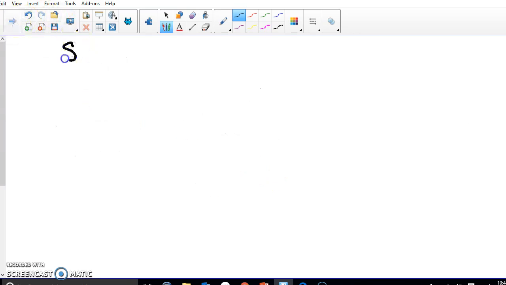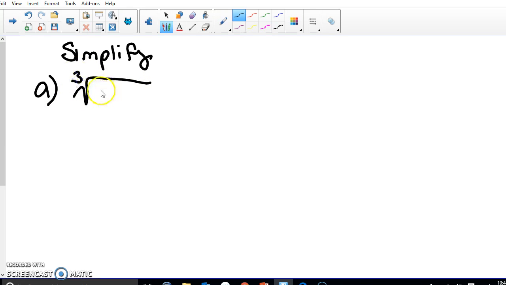For our next example, we're going to simplify. So here I just have 1 to do. I have the third root of negative 27x to the 9. So this 3 here, our cube root, we need 3 on the inside to be able to pull 1 out.